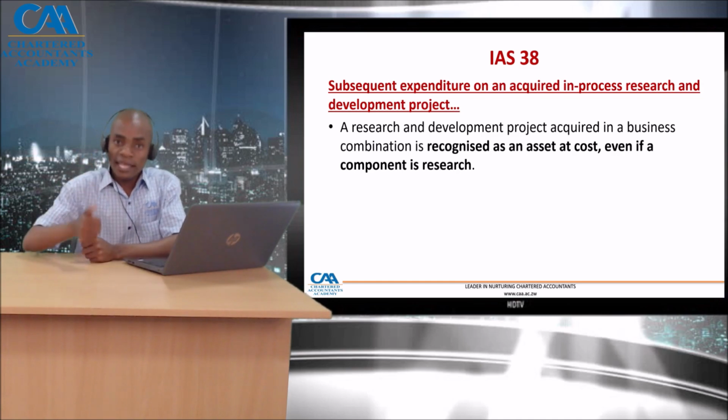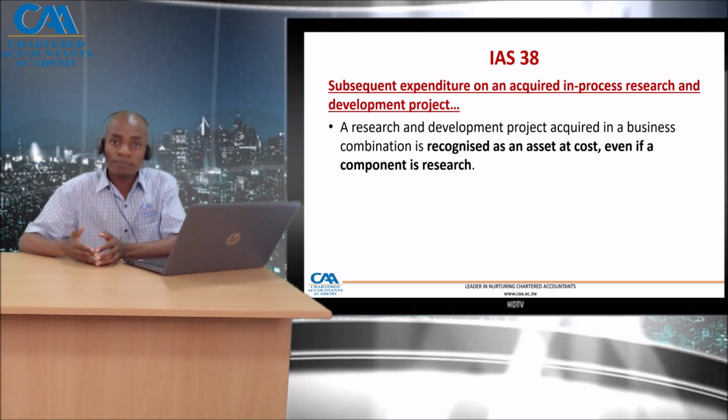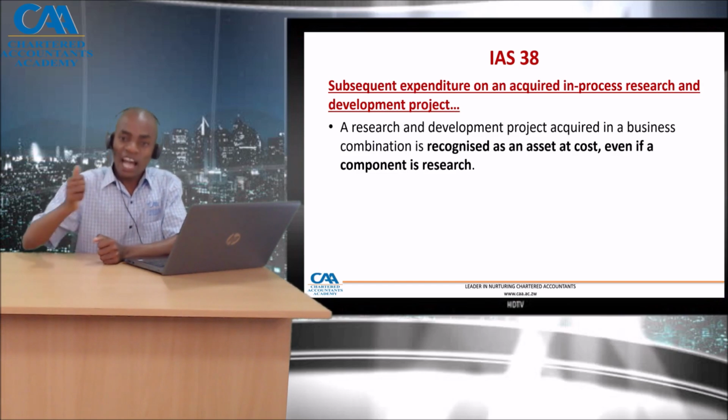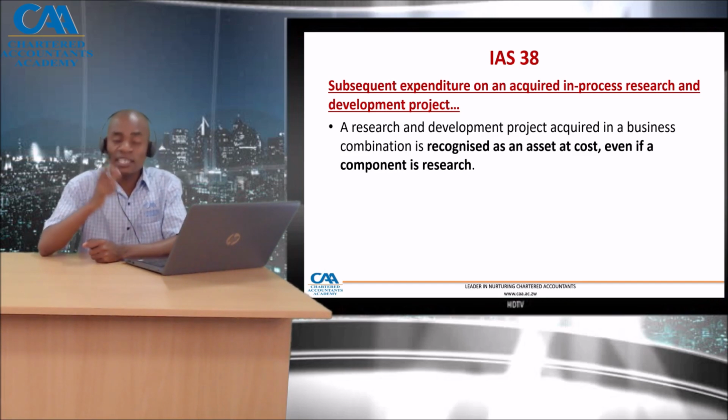In such an instance, if we have research which is still in process, under IAS 38, the acquirer is required to recognize that as an intangible asset. This is one of the exceptions that you as a student must be aware of and pay specific attention to.